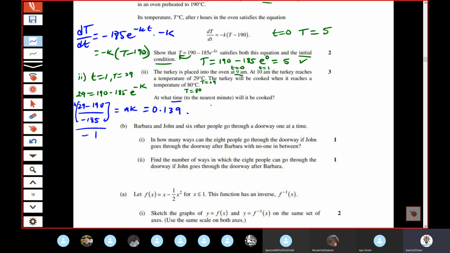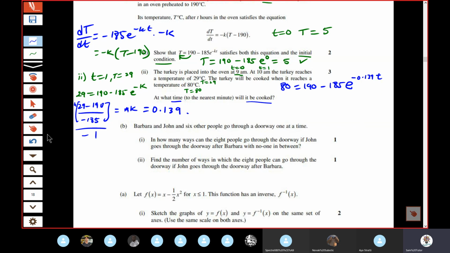Question says, at what time will it be cooked? When the temperature is 80. So now we know your new formula is T equals 190 minus 185 e^(negative 0.139 t), with T being 80. And you're going to solve for t now.